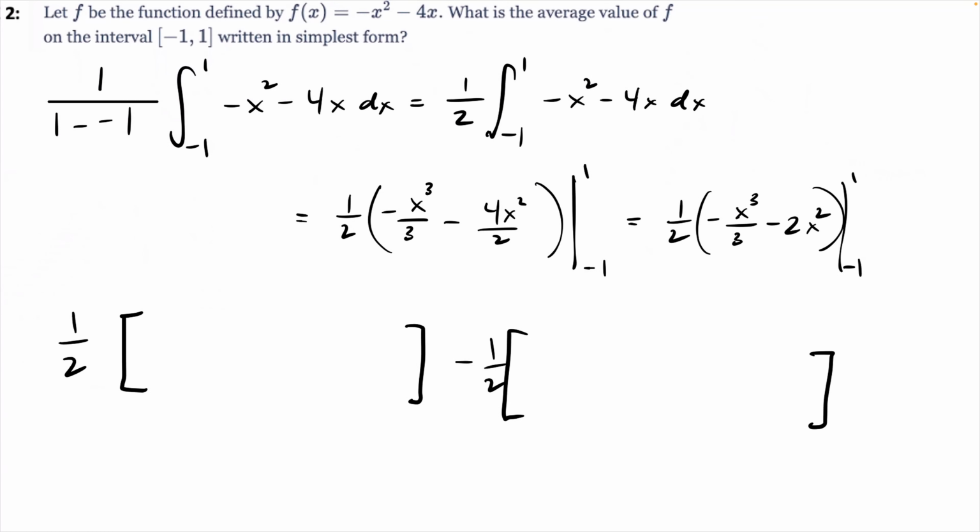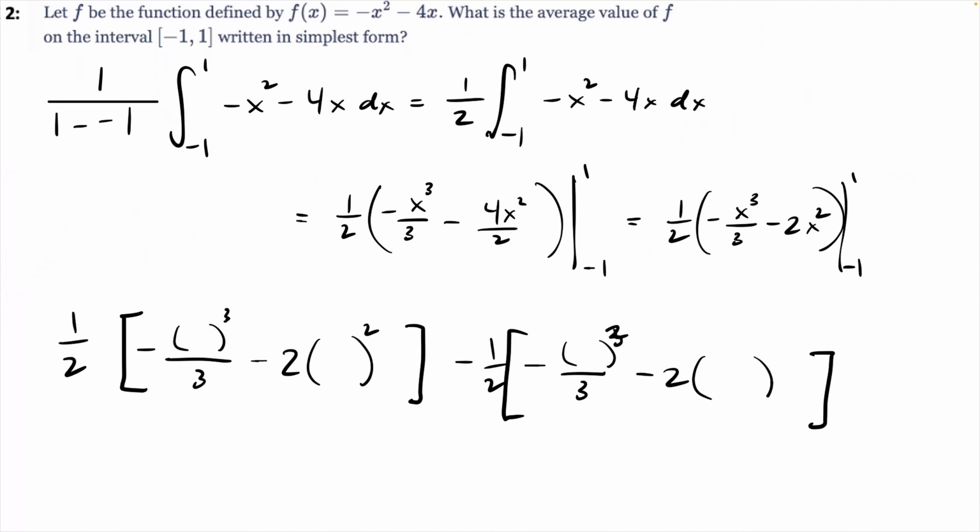One-half goes in front. First I'm going to plug in 1: negative 1 cubed divided by 3 minus 2 times 1 squared. And then we plug in -1 over here.